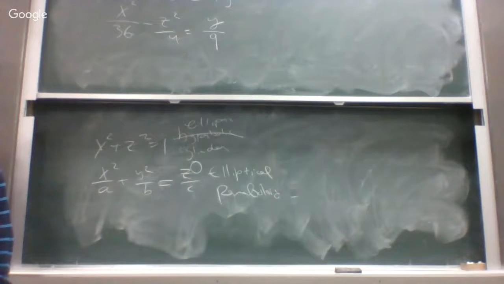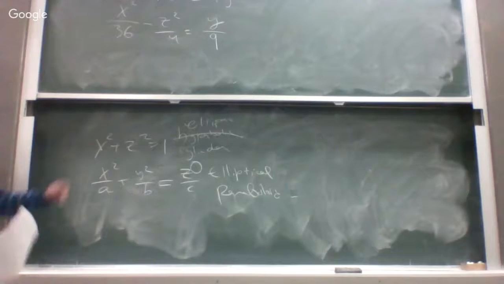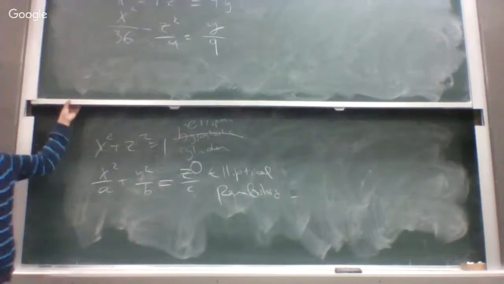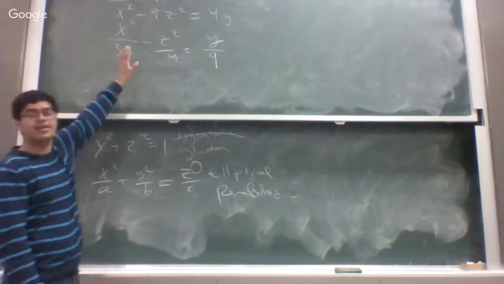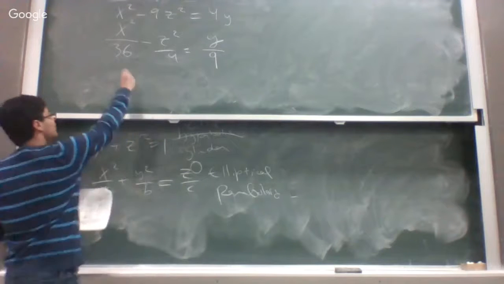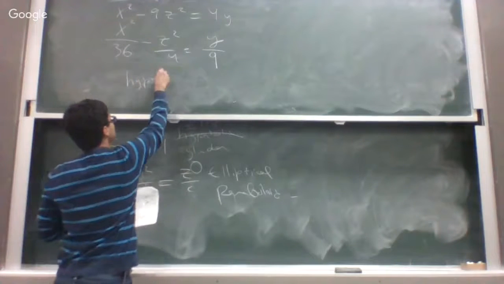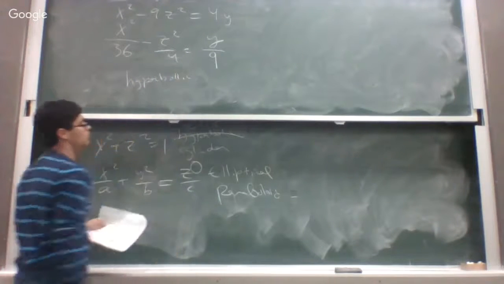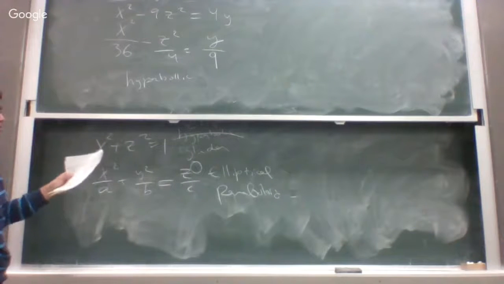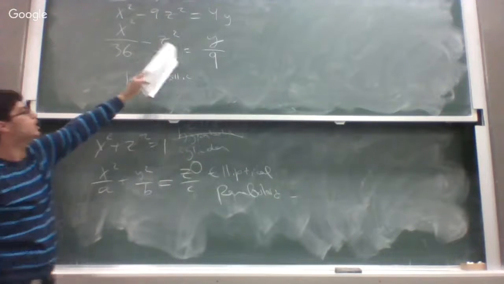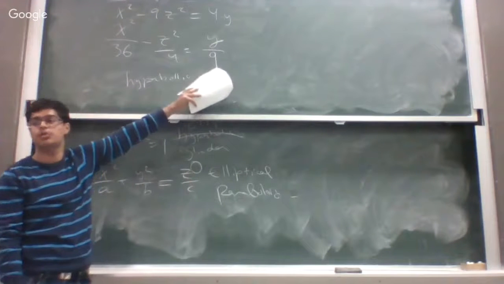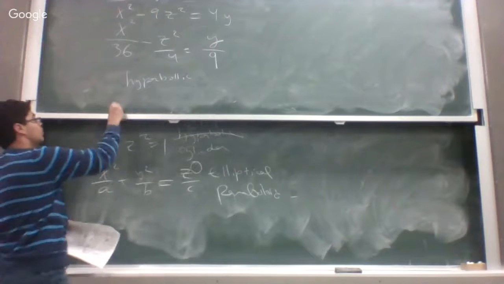Now cylinders have two variables. Looking at this, we have a minus sign, so it's hyperbolic. And then we have equal to a variable that's not to a power, so it's a hyperbolic paraboloid.